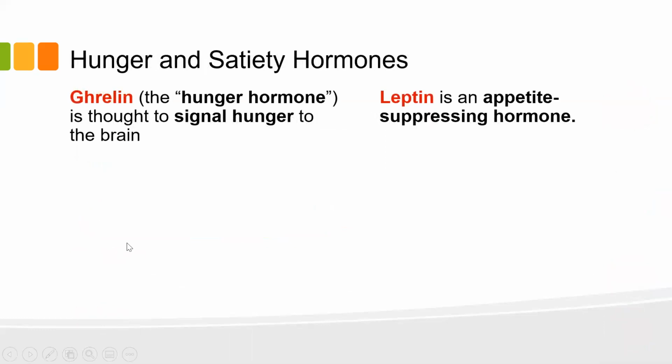So I just wanted to talk about two hormones for a moment that often come up. It's interesting when you look into the research on these, because a lot of food and nutrition sites will say lots of things about them as certain, but when you delve into the research, we're still trying to understand how these actually work.